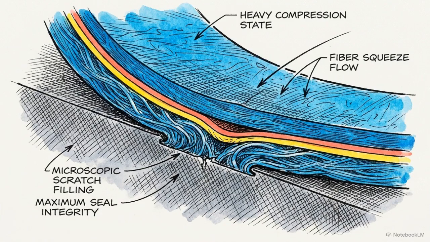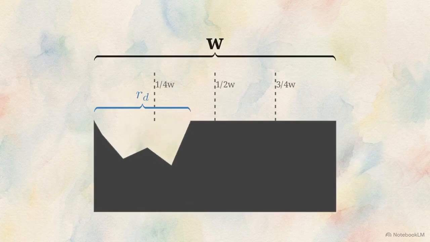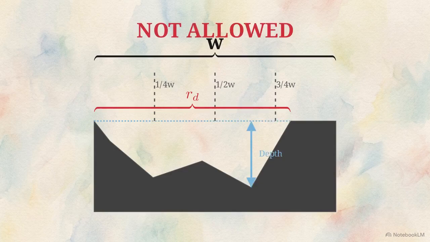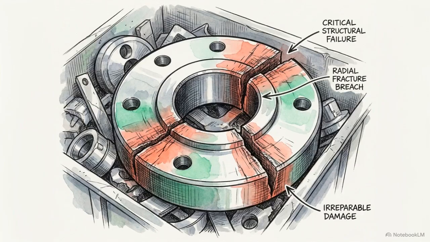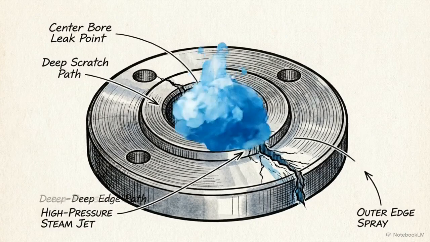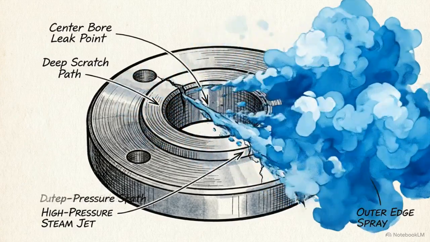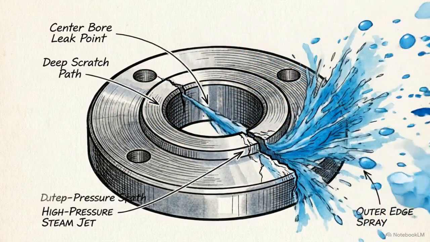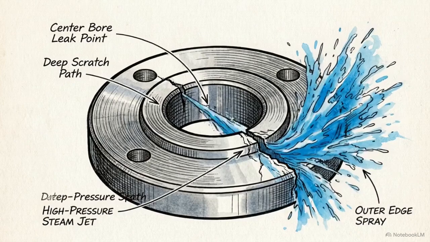The final threshold addresses any defect spanning more than 3/4 of the face width. This is an absolute failure state. No gasket type is allowed to seat on a defect of this width. This matrix proves flange integrity relies on ensuring no scratch becomes deep or long enough to complete a continuous radial leak path to the outside.